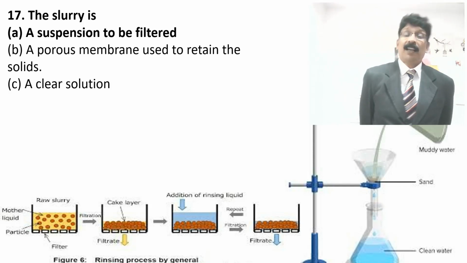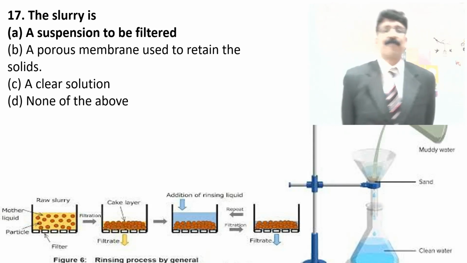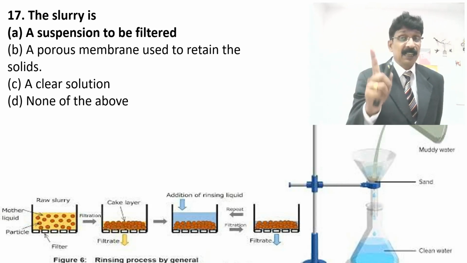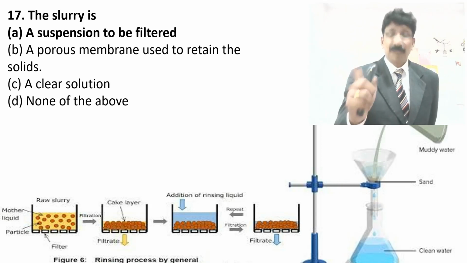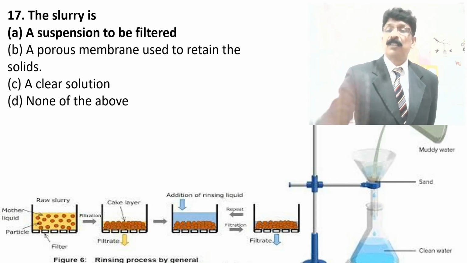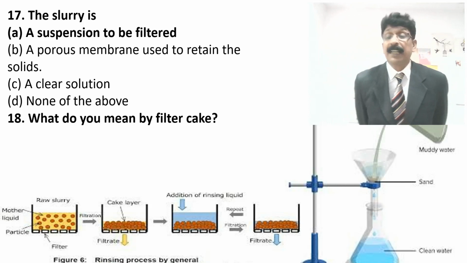A clear solution which you see down there is the filtrate. None of the above is not the answer. The suspension, that is the slurry, which is needed for filtration and poured from the top, is called slurry.